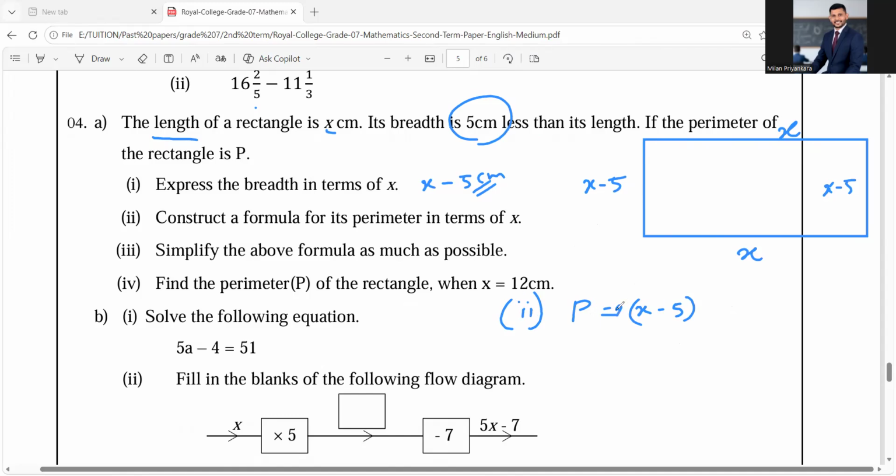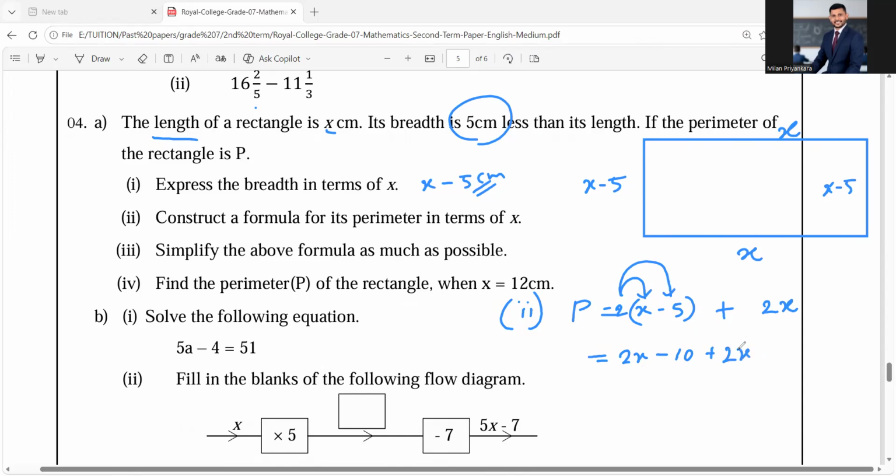Because you have 2 times x minus 5 plus, here you have again 2x. That means you have to add all these things, right? And then 2 times x minus 5 is equal to, you multiply this by x and this by 5. Then you get 2x minus 10. Right? 2 into x is 2x, 2 into minus 5 is minus 10.